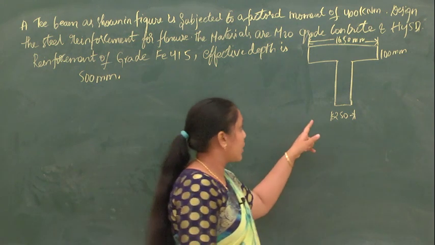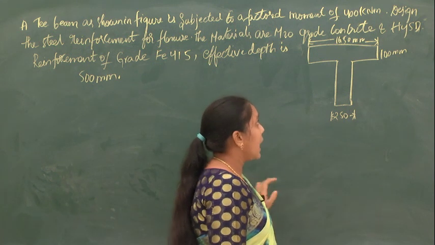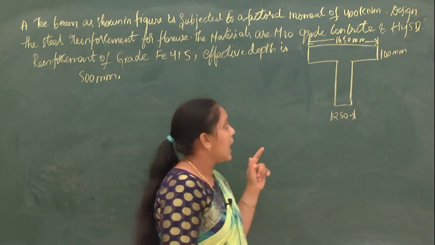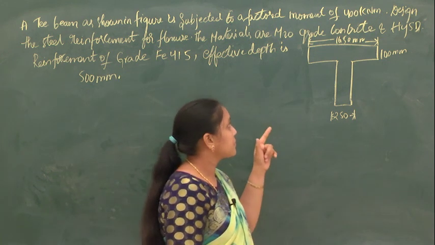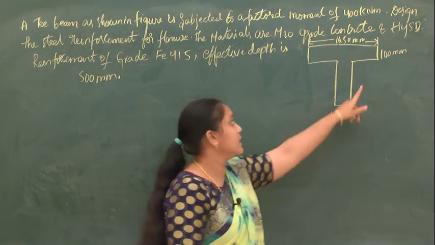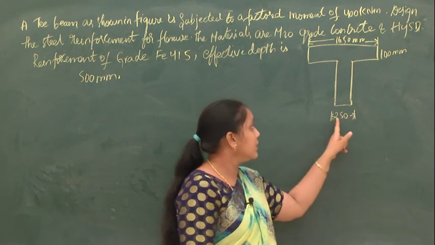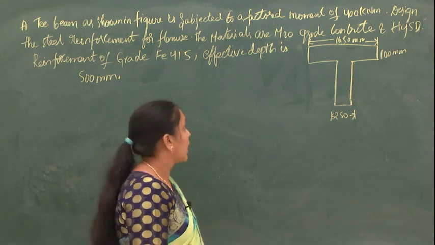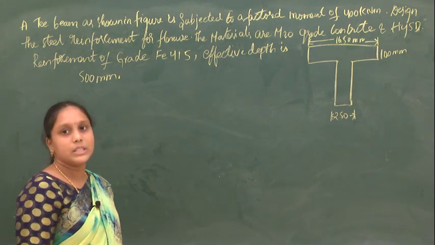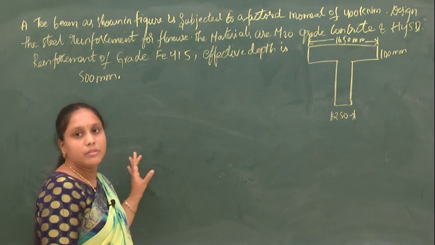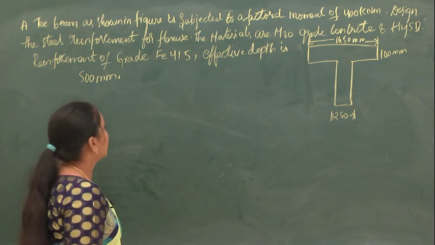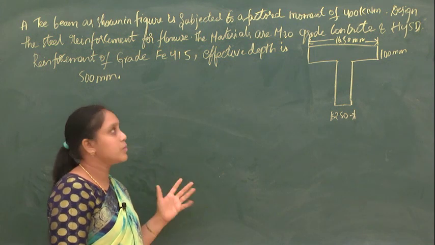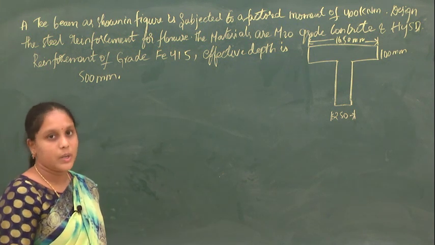In the figure, the effective width of the flange is given as 1650 mm, the depth of the flange is 100 mm, and the width of the web is 250 mm. What we have to find here is the area of the steel reinforcement.